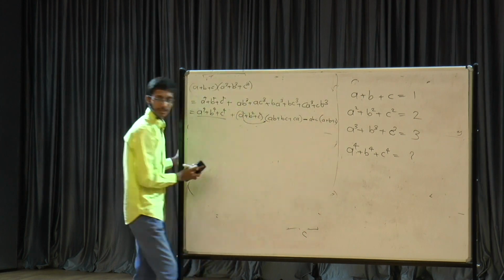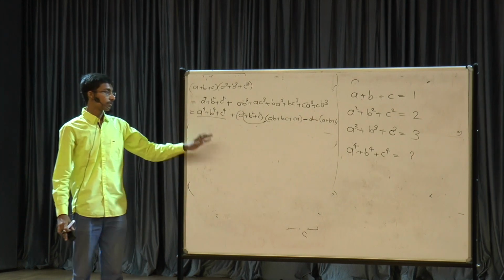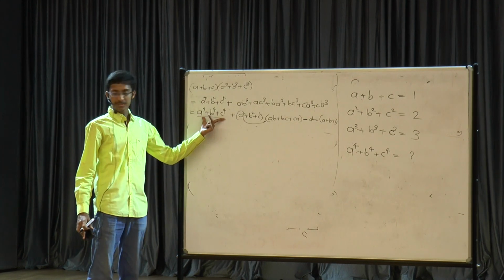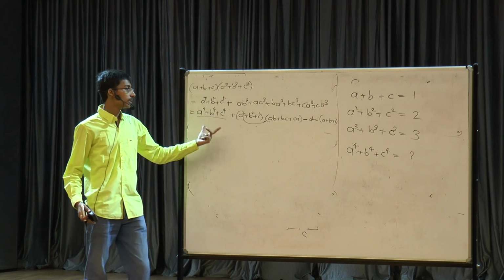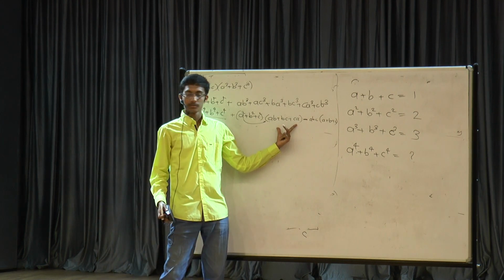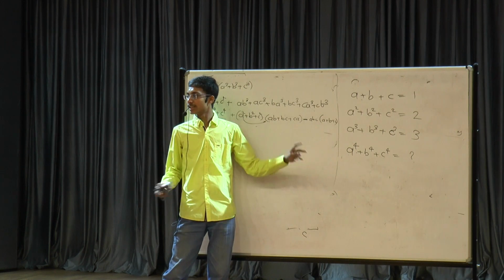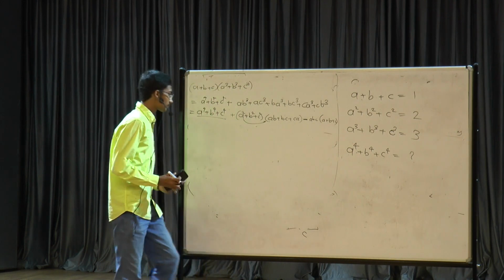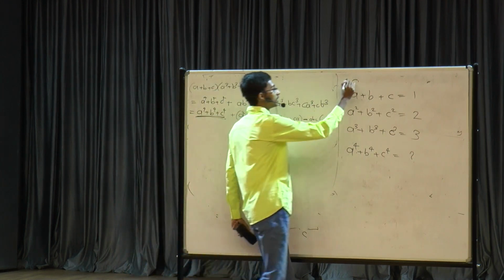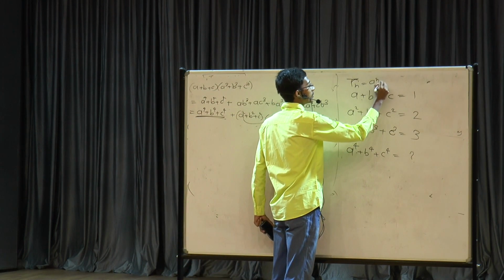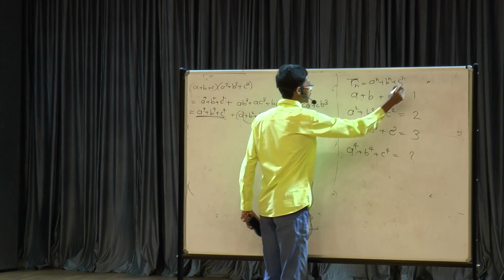Are you guys convinced with this manipulation? Okay. So do you see I have converted this into the previous 3 problems? All I need to know now is this value and this value, and then I'll be done. So now I'm gonna write Tn as a power n plus b power n plus c power n.